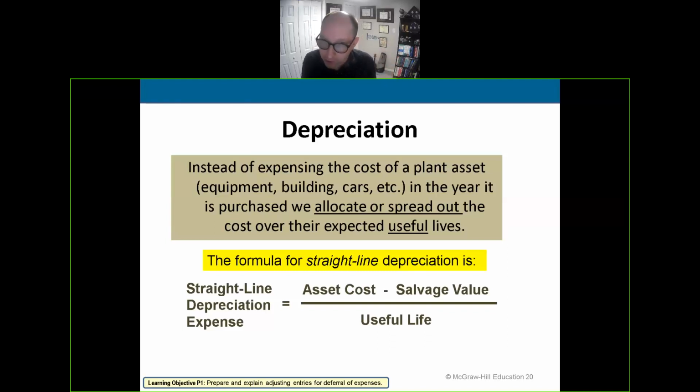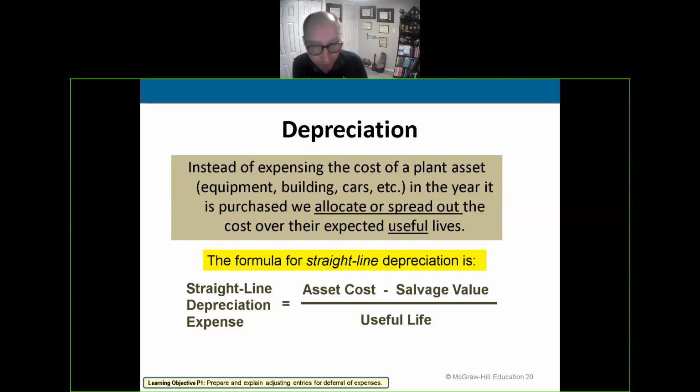We have a couple of different formulas for depreciation, but I'm going to show you the easiest and most understandable one first. This is called straight line depreciation. Straight line depreciation simply means that I take the original cost of the asset minus its salvage value, and I divide it by its useful life.